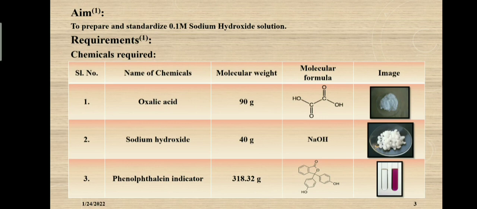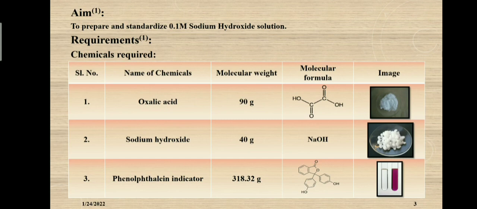First we have to know the difference between the titrate and the titrant. The substance to be determined is called the titrate. In this experiment, the titrate is sodium hydroxide and the titrant is oxalic acid. The titrant is the substance of known concentration, and titration is the procedure of determining the volume.